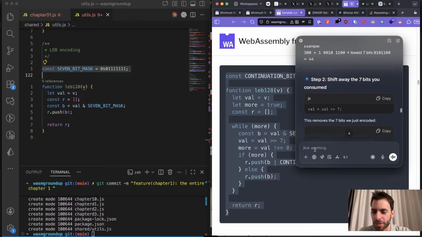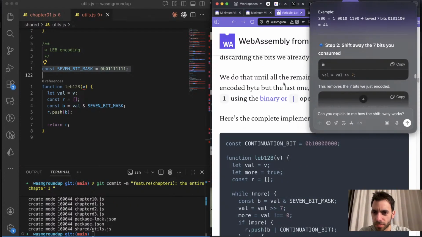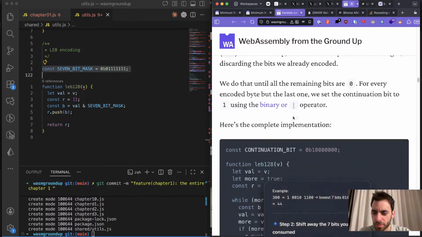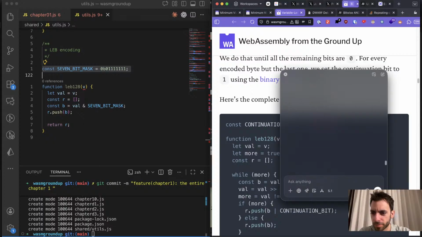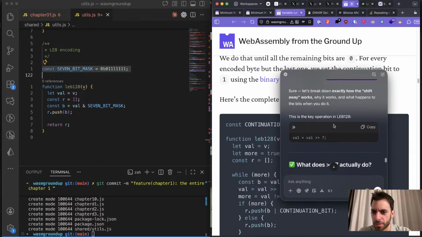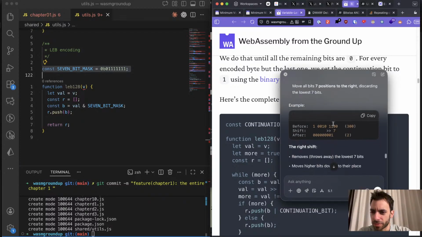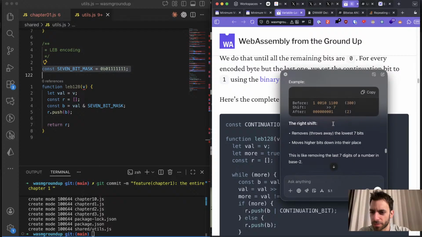Can you explain to me how the shift away works? Okay, move all bits 7 positions to the right, discarding the lowest 7 bits. Shift 7, the right shift.